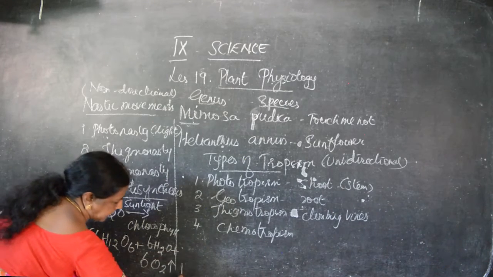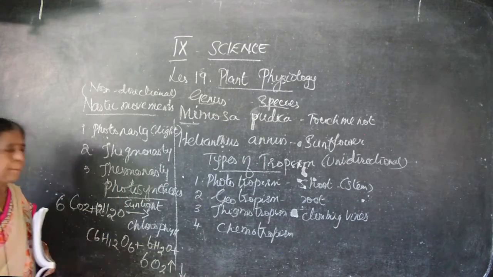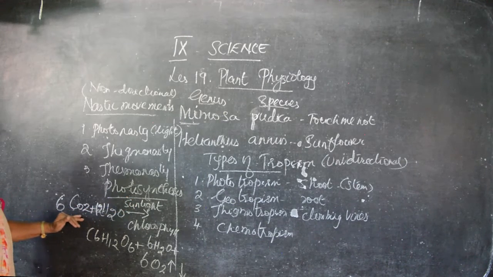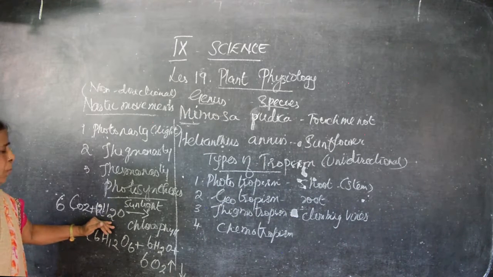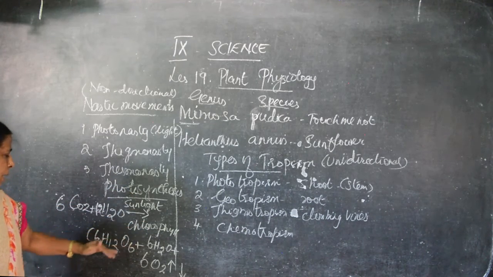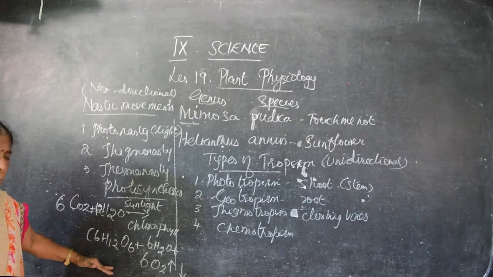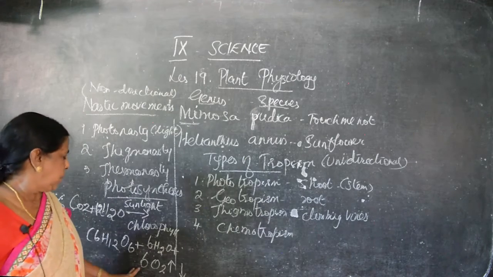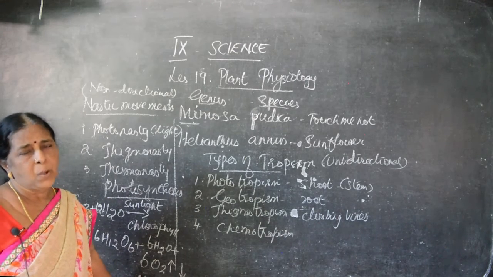Arrow mark downward, that is precipitation. Clear? So what is the equation of photosynthesis? 6 molecules of carbon dioxide, 12 molecules of water H2O. In presence of sunlight and chlorophyll, they react together and produce glucose, 6 molecules of water and 6 molecules of oxygen.